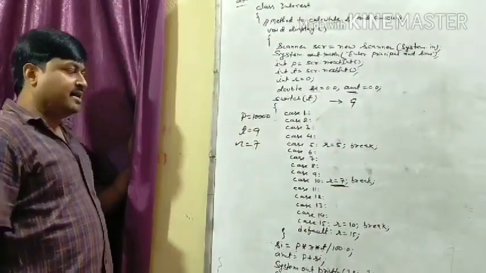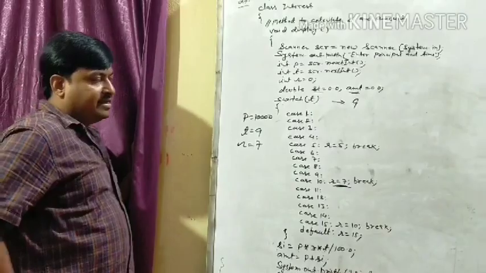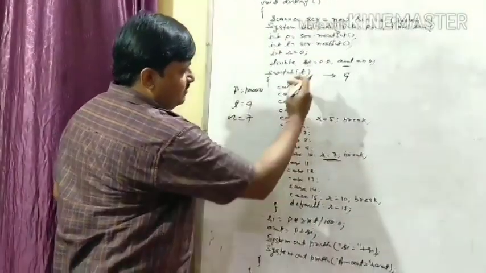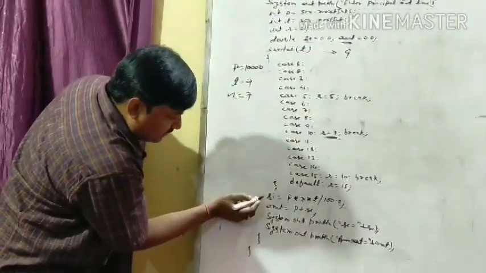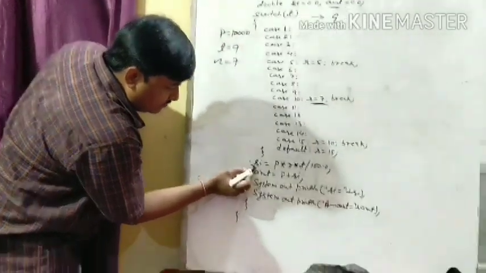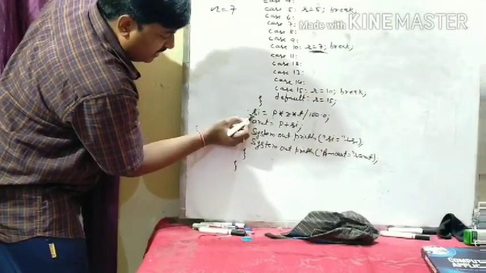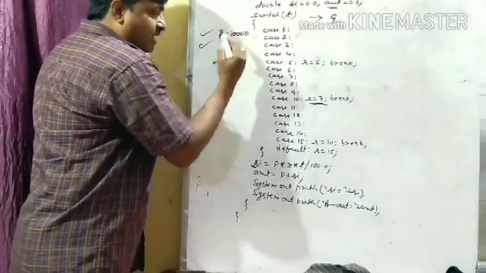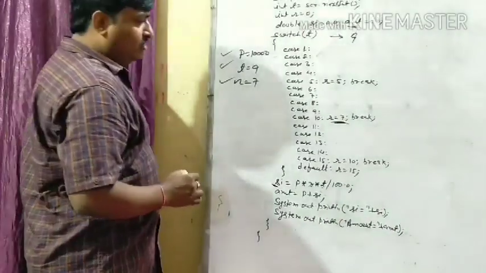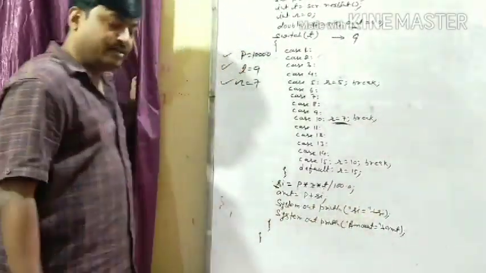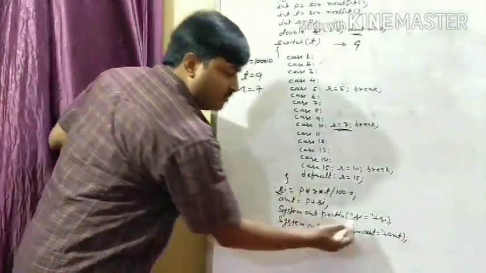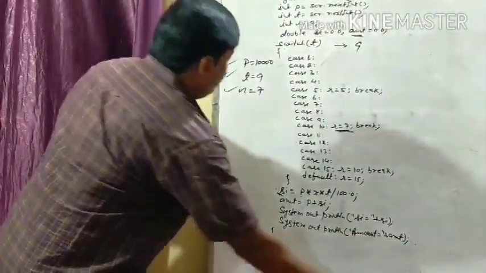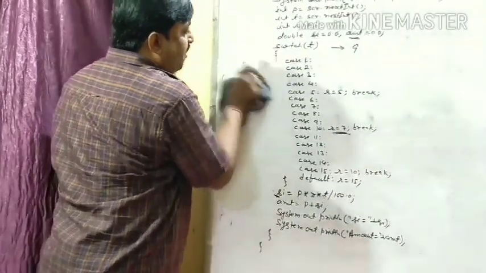Therefore, the value of R is initialized to 7, and the break statement will transfer the control outside the switch block, here. So when our control comes to this part, we have principal, we have time and we have rate. All three values we have, so we can calculate simple interest and amount, and we will print both things. Okay. One more example.